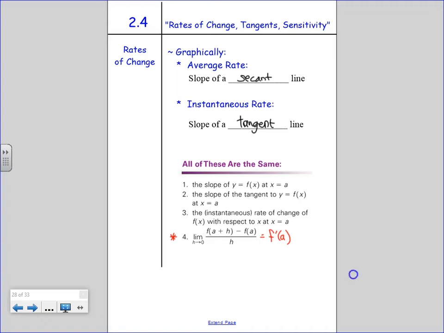But how is it plugged in? There's another variation. I think we've seen it once or twice this year already. This one has the x plus h, the x, but x is equal to a.